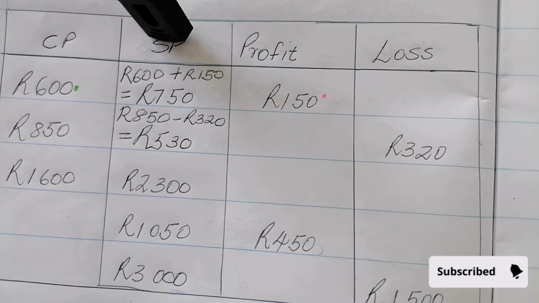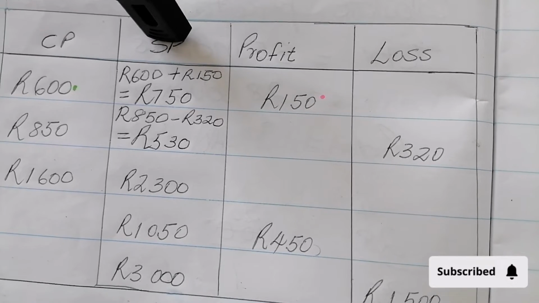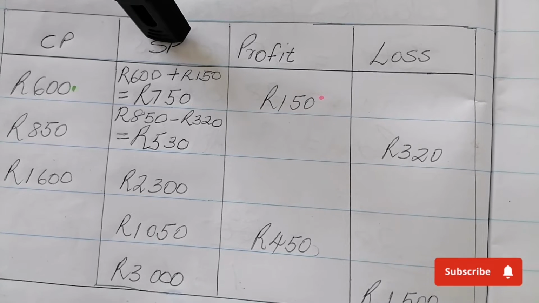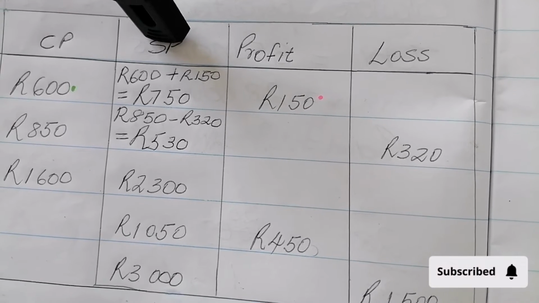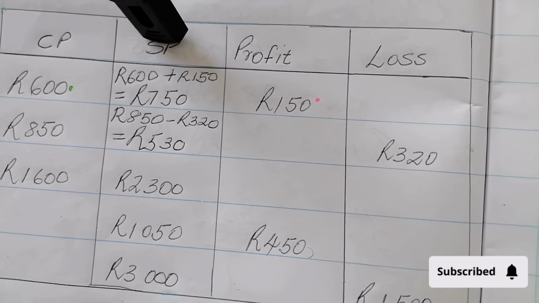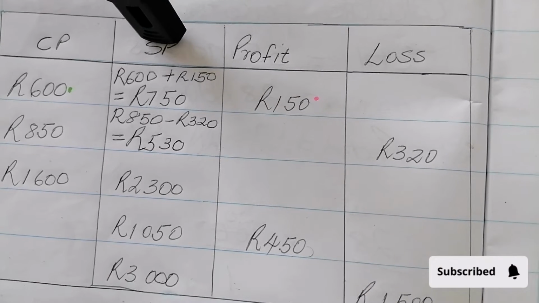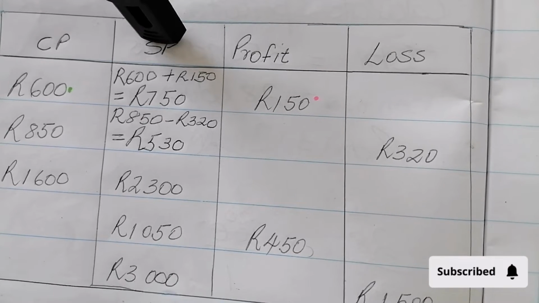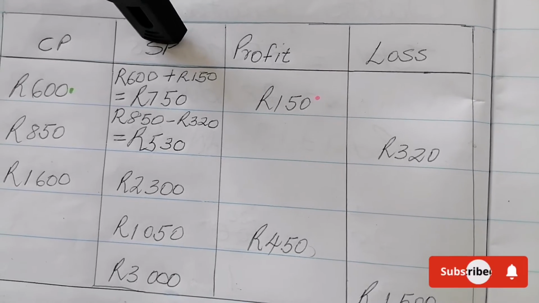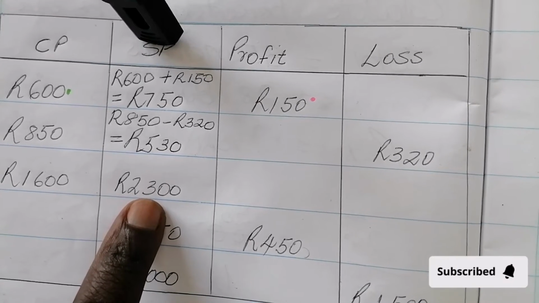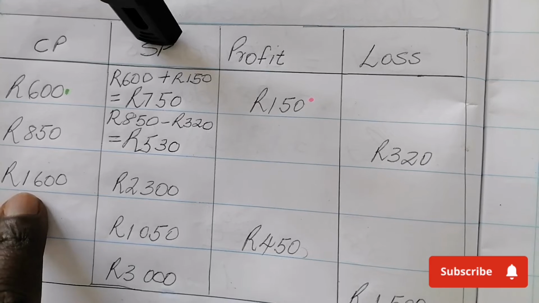Here we are given the cost price, which is equal to 1,600, and the selling price, which is equal to 2,300. So what do we have to calculate there? We are saying that here, the selling price is more than the cost price.